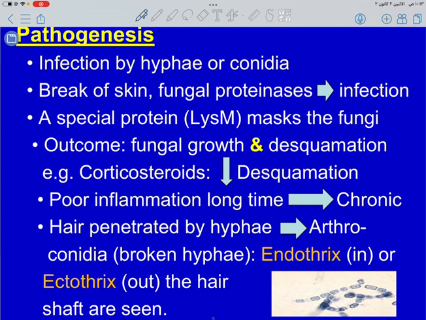And these will represent the spores of the fungus inside the hair, which are called endothrix, and outside the hair, which are called ectothrix. So endothrix and ectothrix. شو هذه الاندوثريكس والاكتوثريكس؟ Broken hyphae that تشوفوها بالصورة. These represent the spores.